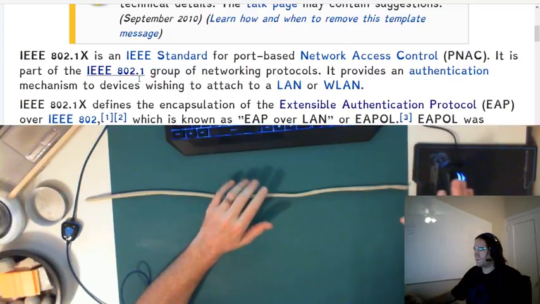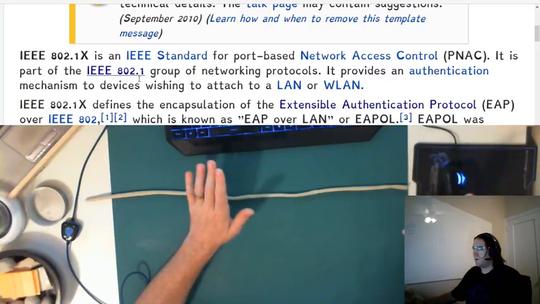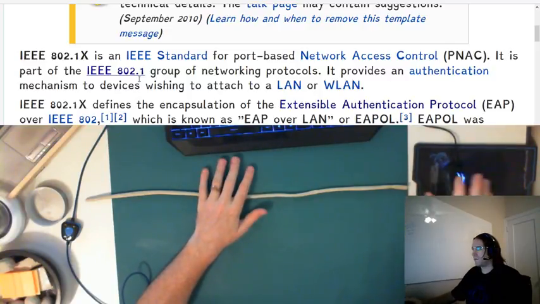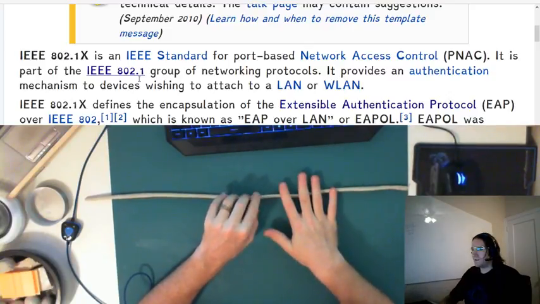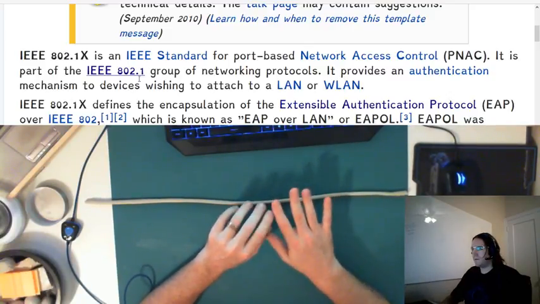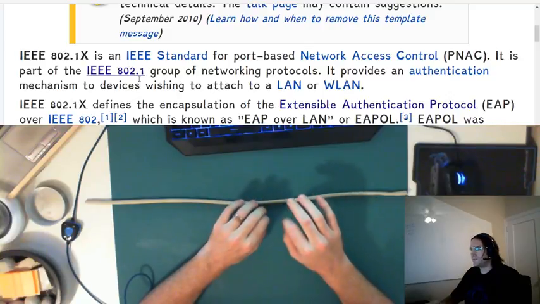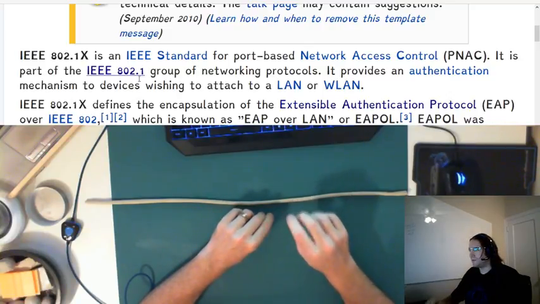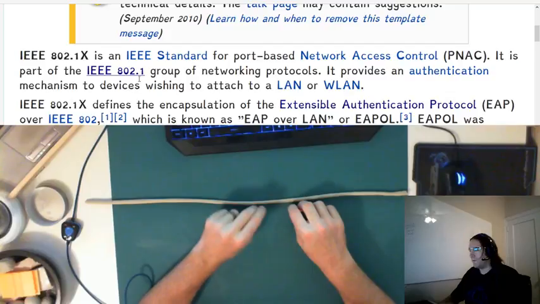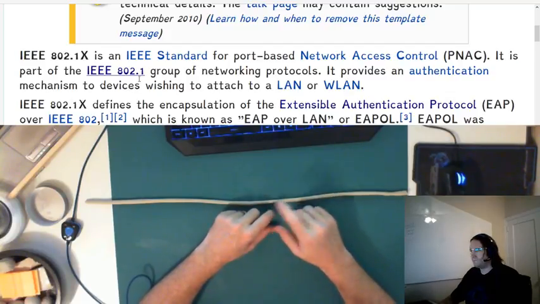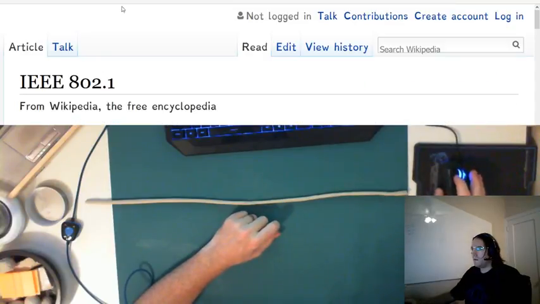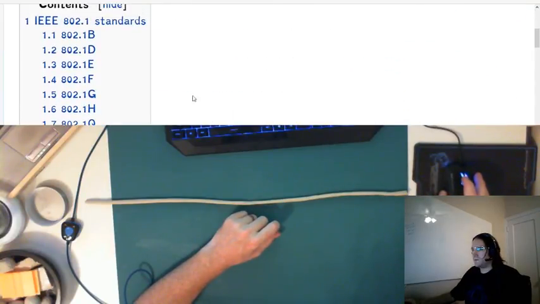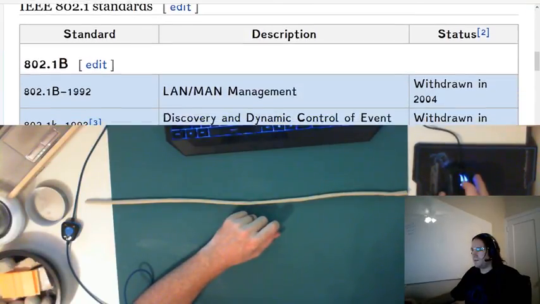There's a whole group, and 802.1x is part of that group. It provides an authentication method to devices wishing to attach to a LAN or WLAN. Okay, I got that part.